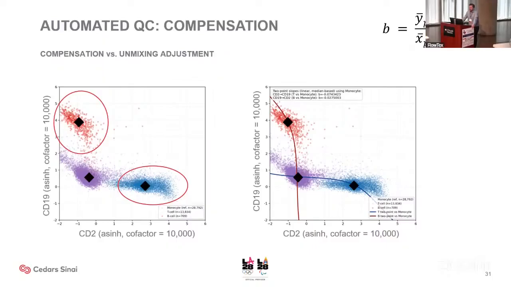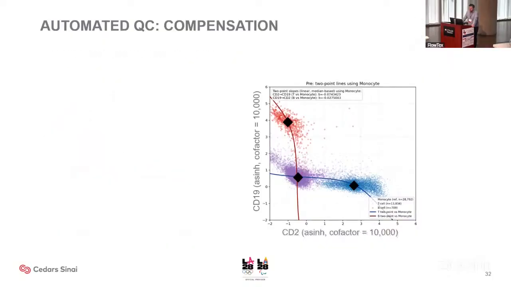We can calculate that using a simple relationship for calculating slope based on the X and Y and knowing the single positive and double negatives. And then we can correct for the Y prime for each cell based on the adjustment factor that we calculate for the slope.